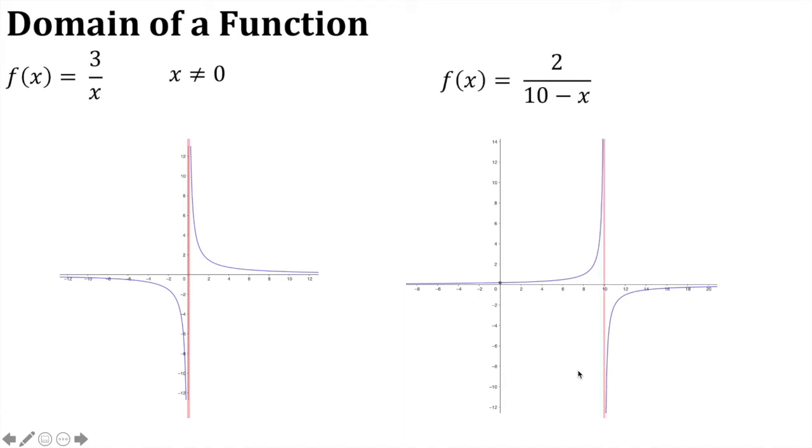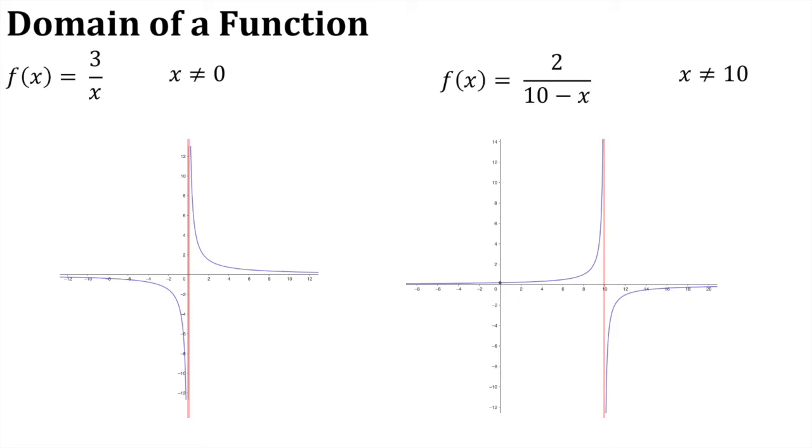And the answer is no, because these are asymptotes. Now, we've spoken about asymptotes before when we've talked about the graph of the tangent function. So the graph gets very close to that line, x equals 10, but it will never hit it. And same here, it gets very close to the line x equals 10, but it never hits it. So that means in this case, x can't be equal to 10.